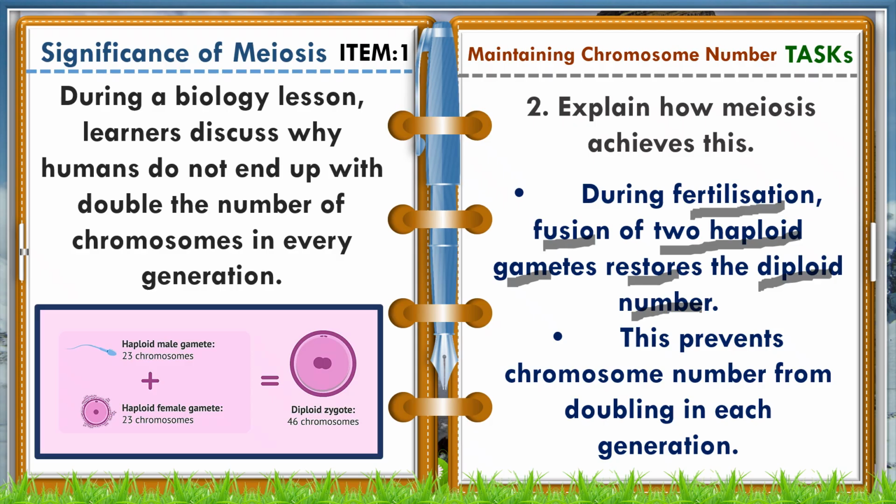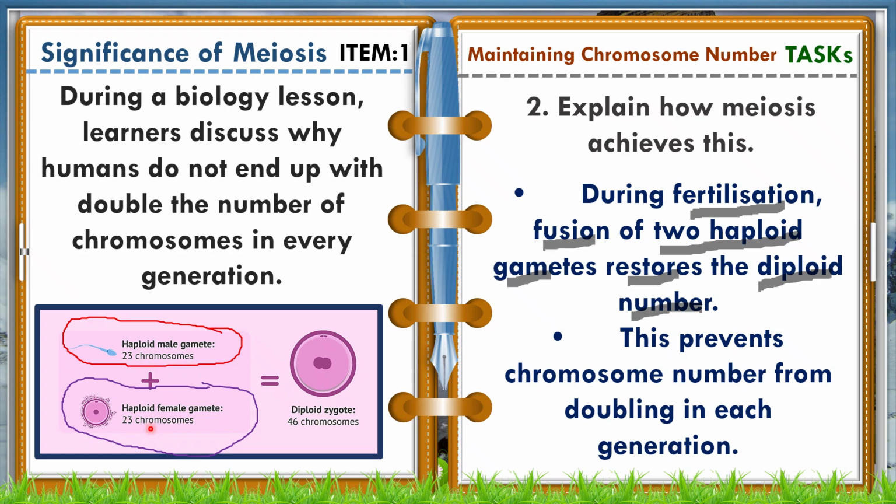So when you look here, you will see that this one is a haploid female gamete. And here we have a haploid male gamete. If you look at the number of chromosomes, you will see that this one has got 23 chromosomes, and this one also has got 23 chromosomes.